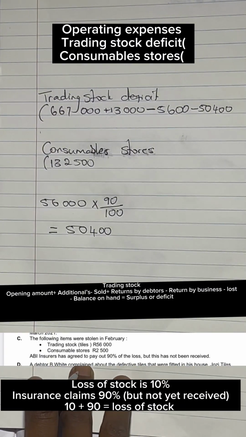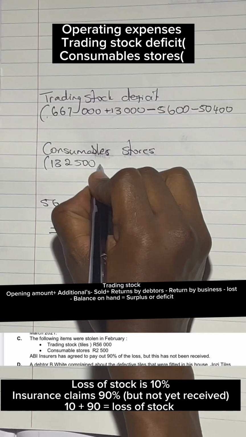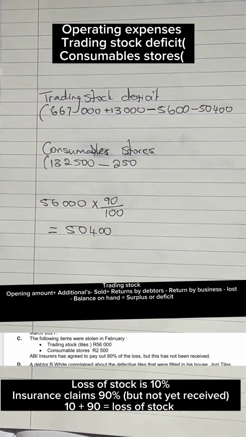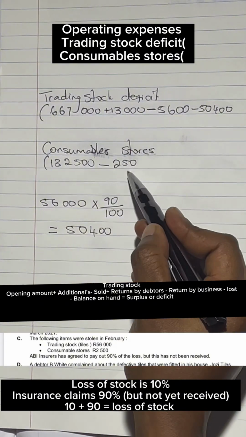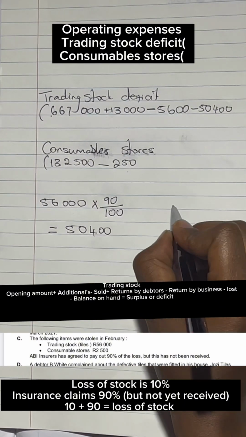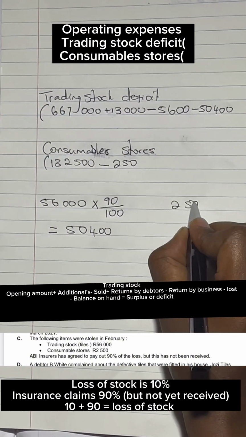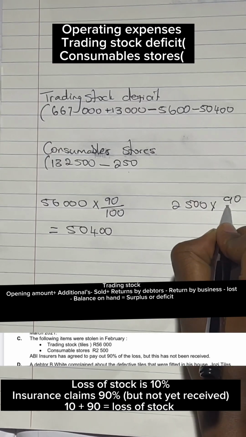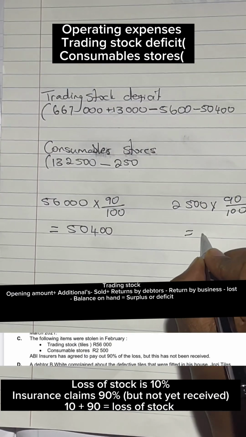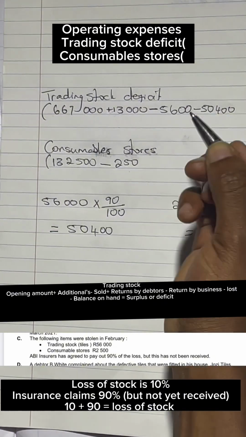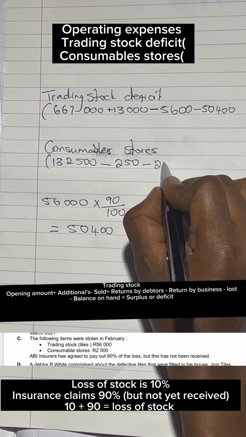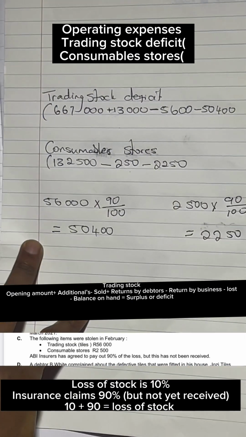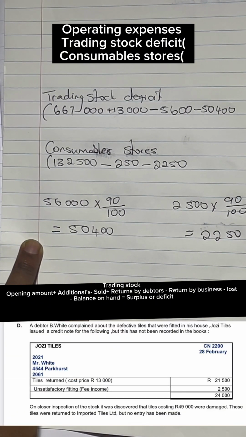And then for consumables, we lost 250 as our 10%, and we are expecting to get 90%: 2,500 multiplied by 90% over 100. We are expecting to get 2,250, but it has not yet been received. Then we can go to information D. It says on closer inspection of the stock, it was discovered that tiles costing 49,000 were damaged.